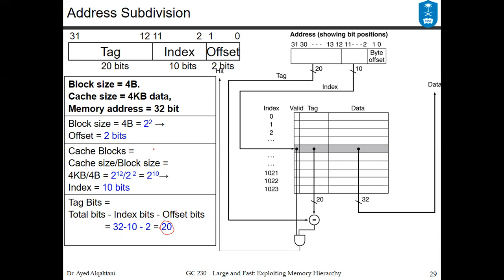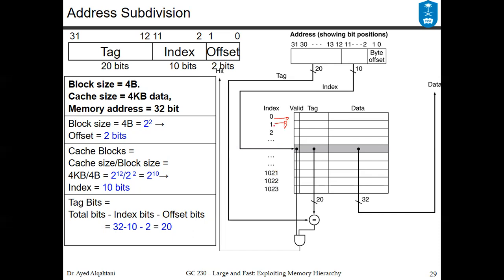And to understand what we mean by the offset, the index, and the tag, this figure tells you what is going on. So you have actually from 0 to 1023, which is 1 kilo different entries. We call these entries.